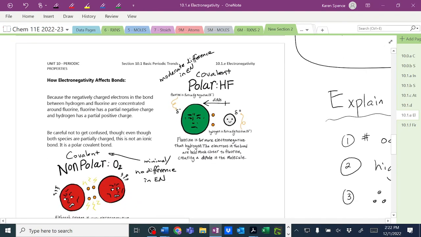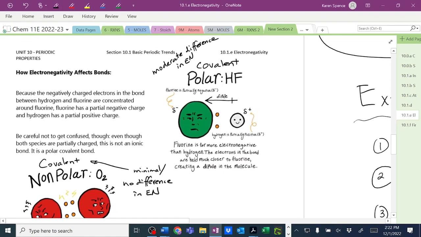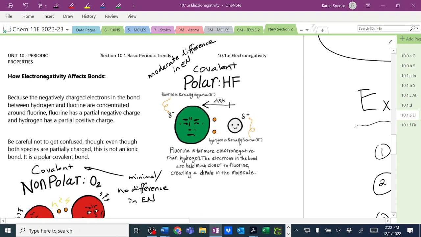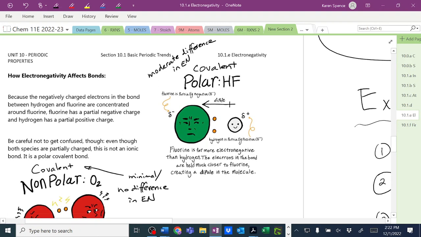Non-polar would be a minimal or no difference in electronegativity. Yes?